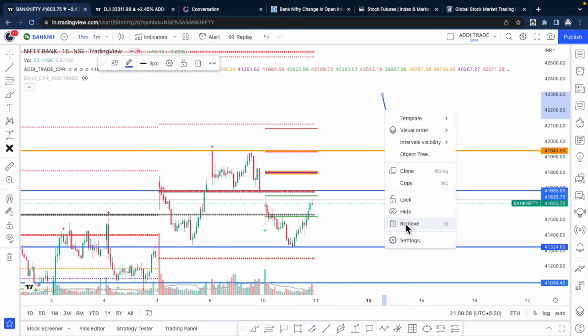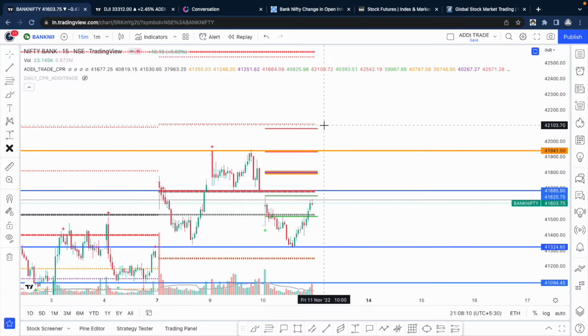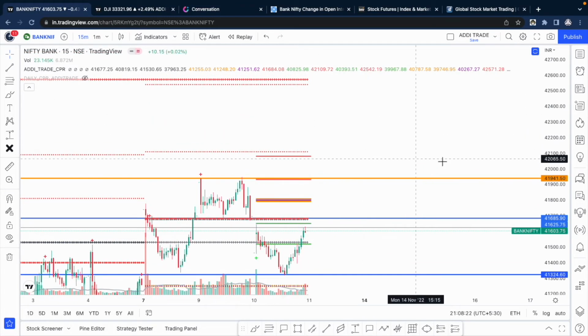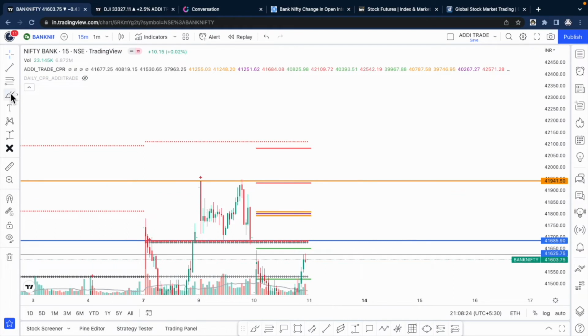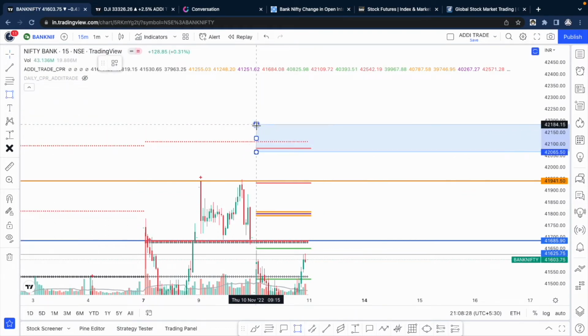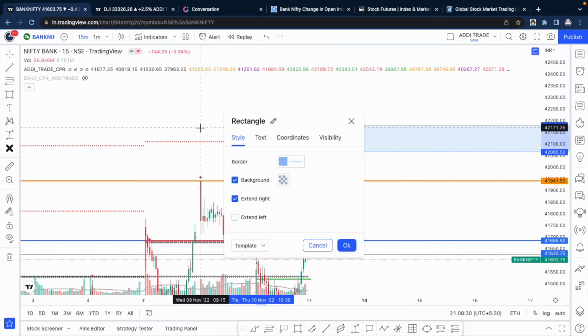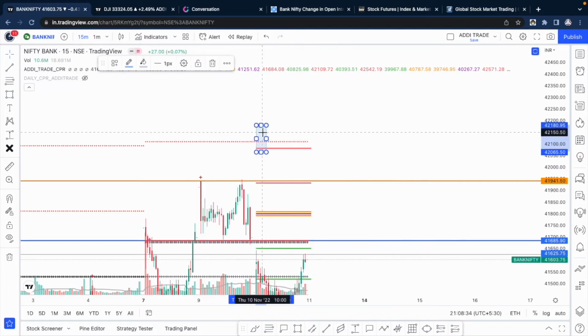See, we have the weekly CPR R2 over here at about 42,100. So these are the levels I'll watch out for. Whenever there's a gap up, assume we get a gap up and the first five-minute candle, either a green or a red candle, is formed like this.